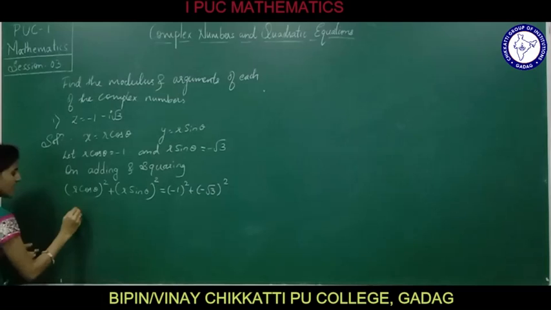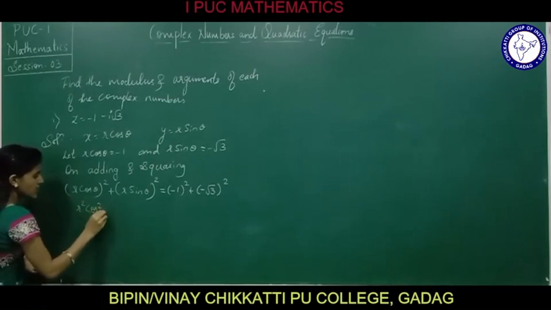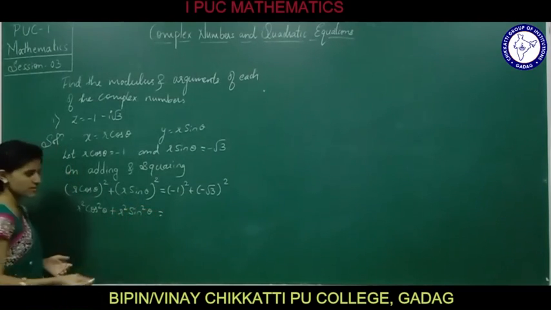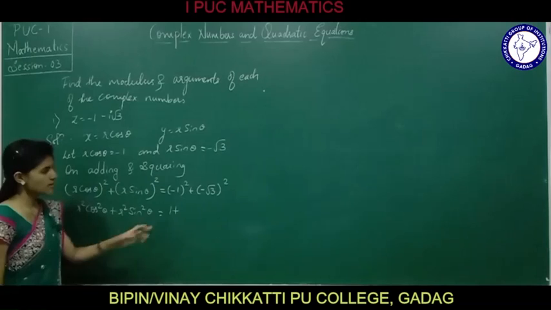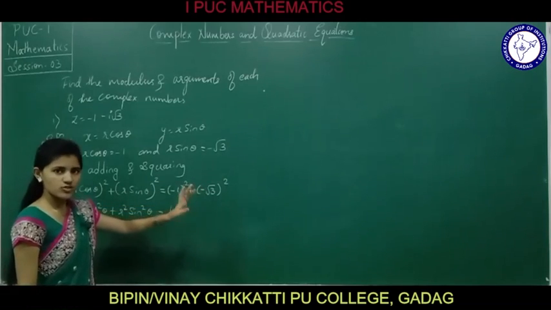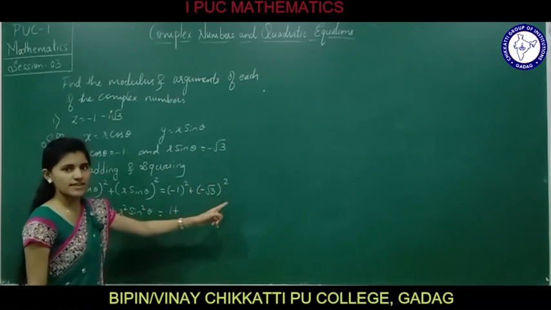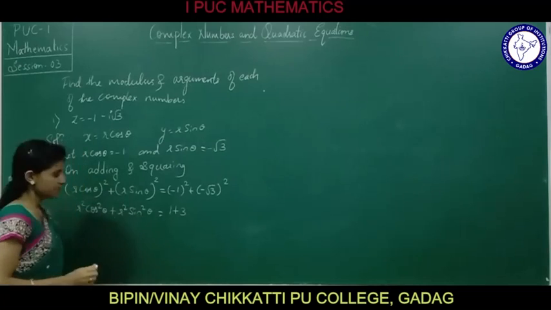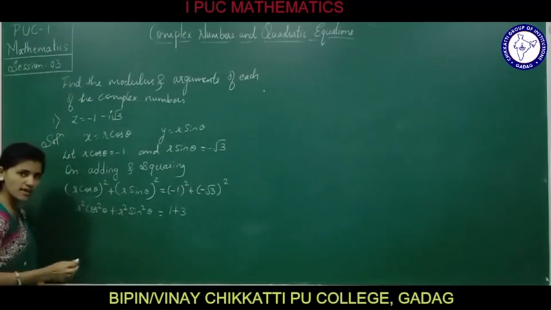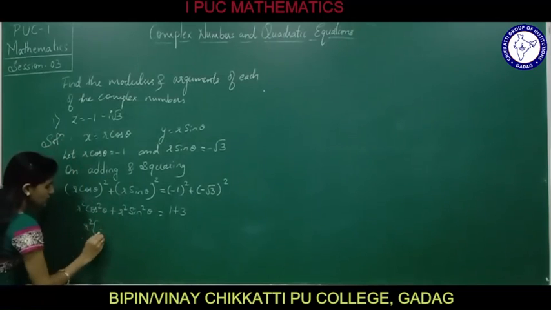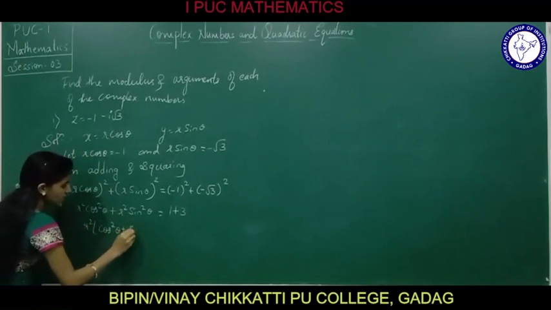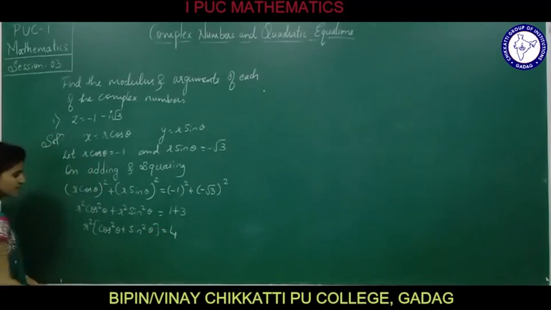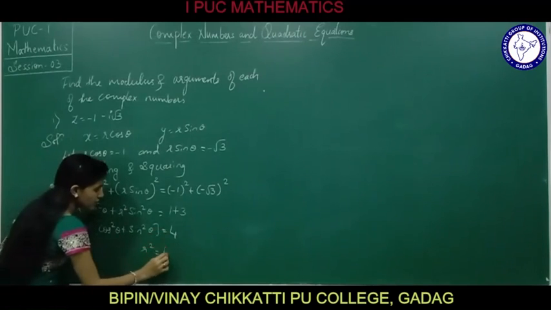On the left, I get r square cos square theta plus r square sin square theta. Minus 1 square is obviously 1, plus minus into minus is plus, root 3 square, cancelling root and square, I am left with 3. Here I have r square as common, take it out, that is r square into cos square theta plus sin square theta, which will be equal to 4. Then r square will be equal to 4.